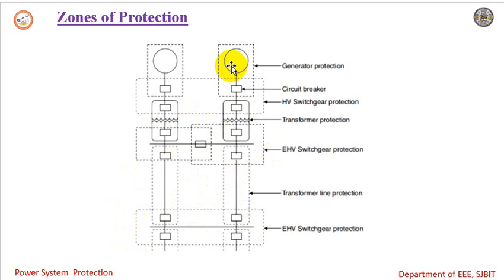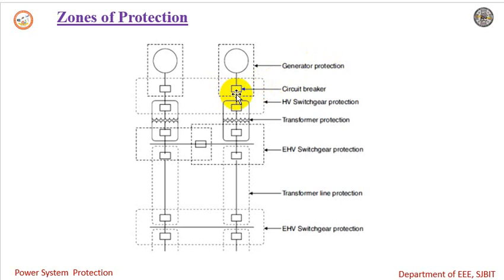All the zones are always overlapped with each other. You can observe here, this is the generator protection zone. This zone overlaps with the HV protection zone, right? This is because if there is no overlap, and a fault occurs at the boundary of a zone, then the protective system may fail to detect whether the fault belongs to its zone or not.